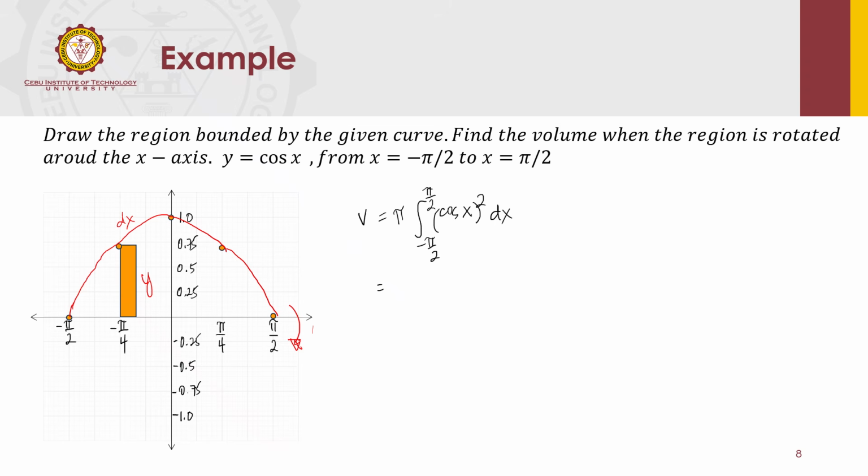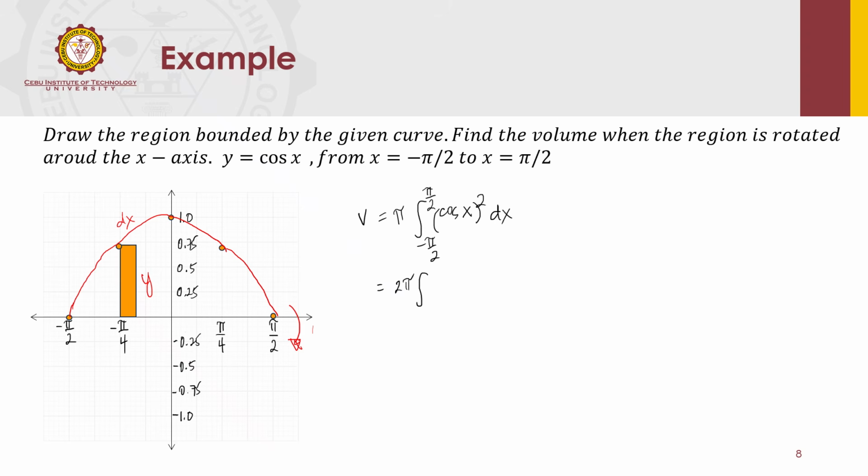So since our graph is symmetrical with respect to the y-axis, negative pi over 2 to 0 is the same area as 0 to pi over 2. So we can just get 0 to pi over 2 and then just multiply it by 2.